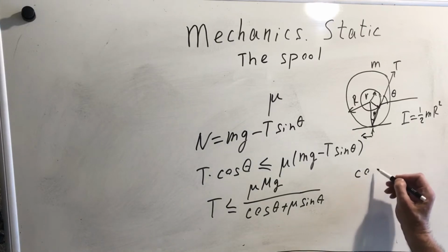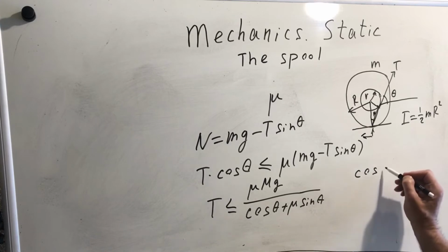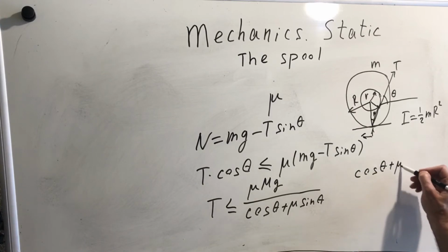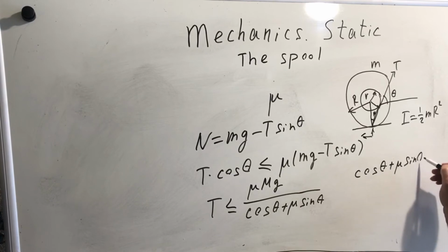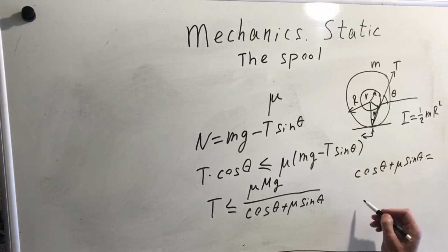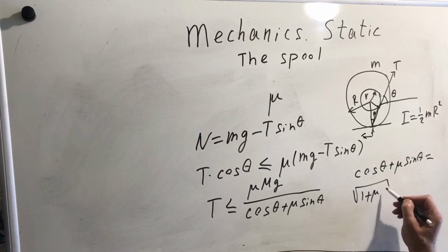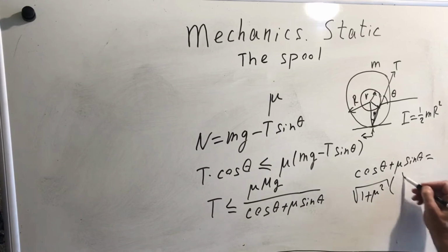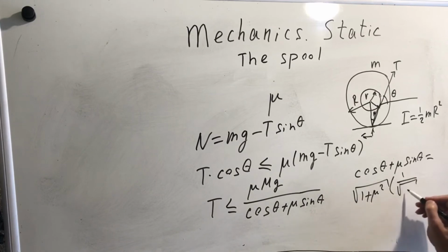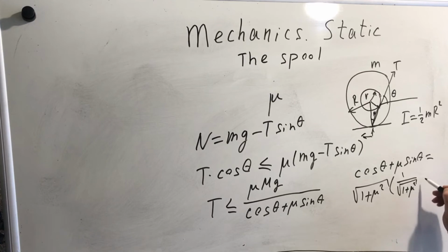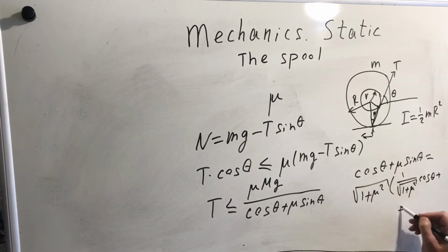We have this expression, which is equal to the square root of 1 plus mu squared, multiplied by (1 over root of 1 plus mu squared times cosine theta plus mu over root of 1 plus mu squared times sine theta).